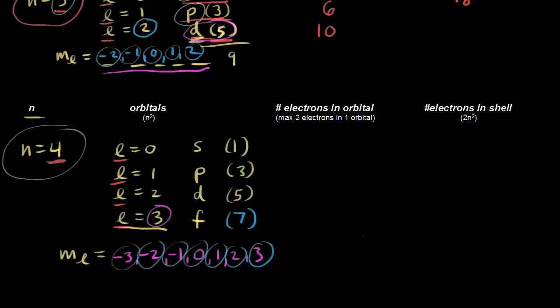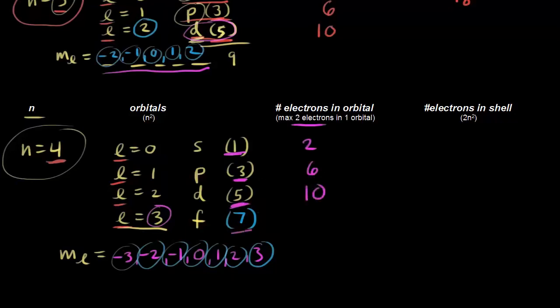All right, maximum number of electrons in the orbital. We have only one s orbital, maximum 2 electrons, so 2 electrons here. 3 p orbitals, 2 times 3 is 6. 5 d orbitals in the 4th energy level, so 5 times 2 gives us 10.